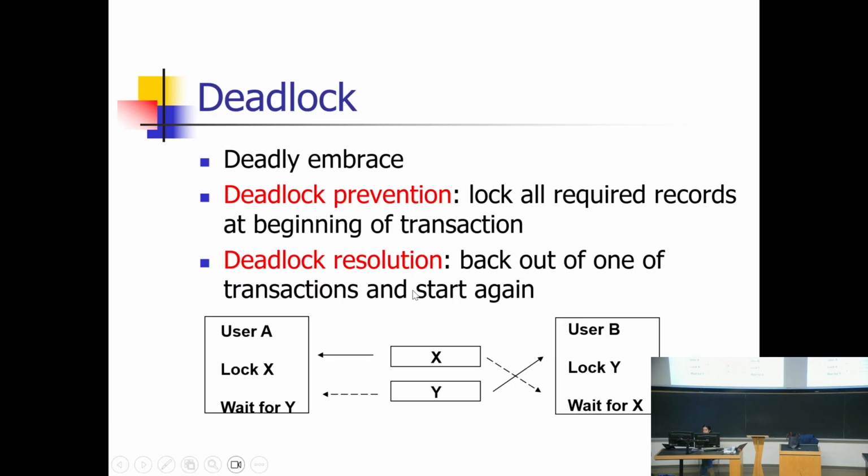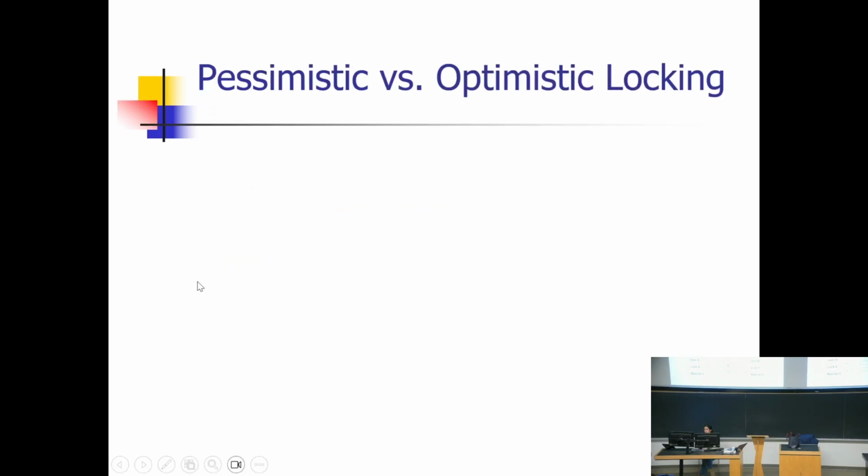So we call this a deadlock. In these cases, neither of these transactions can proceed because both of them want to access something that is locked by the other one. And this can wait forever. So how can we address that?